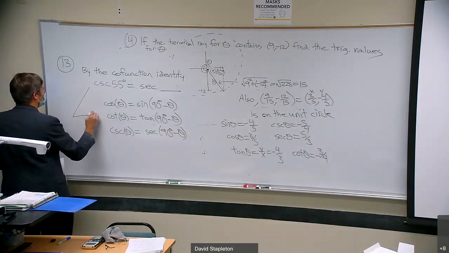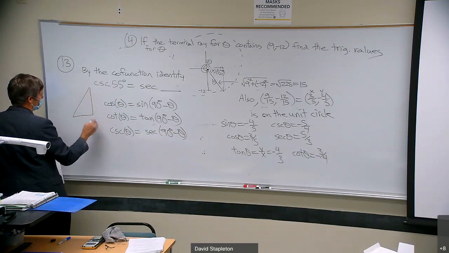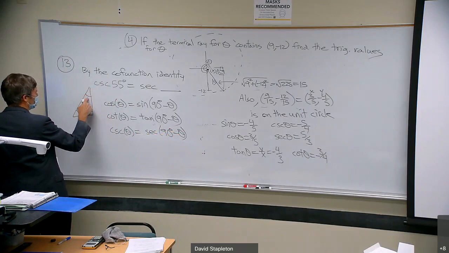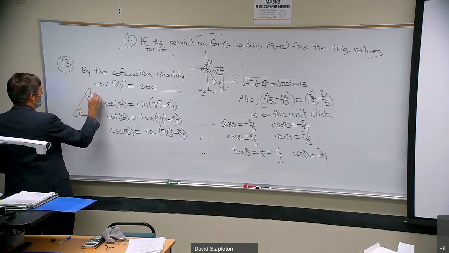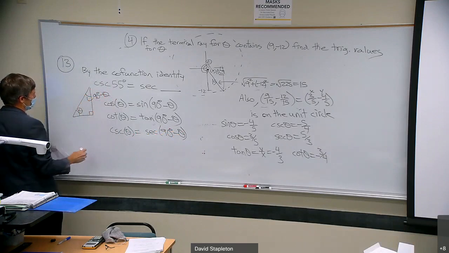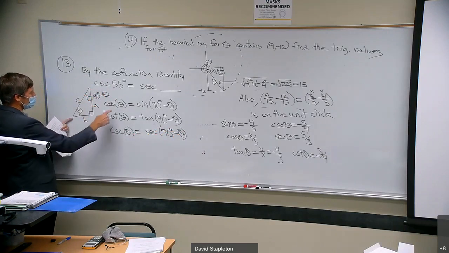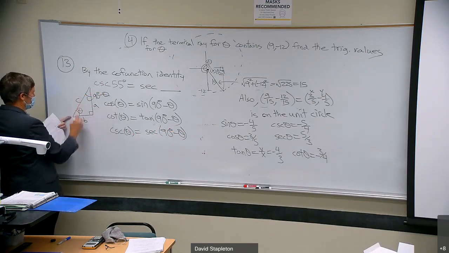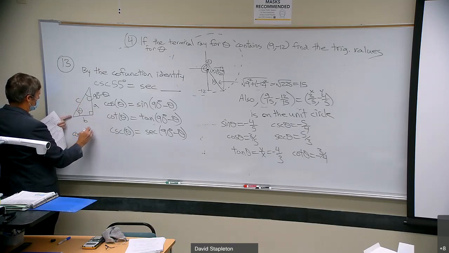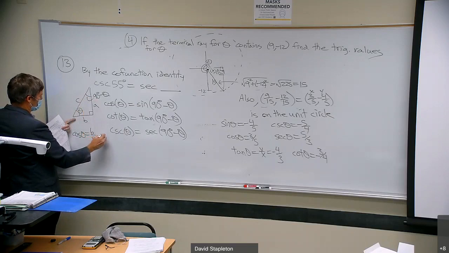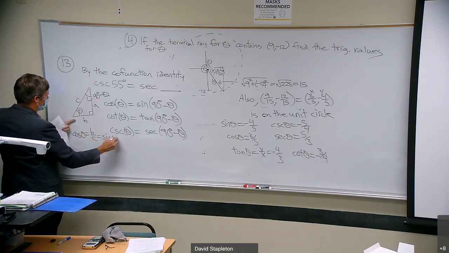If you make a triangle, it also holds for any angle, but it's easiest to prove with the triangle. If this is theta, then this one, since they add up to 90, must be 90 minus theta. We said you just label these however you want, A, B, and C. For instance, the cosine of the angle is B over C. But that's the opposite over hypotenuse for 90 minus theta, so it's the sine. That's how you prove it.